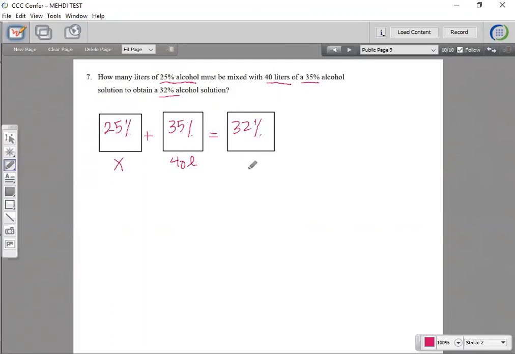It's going to be more than 40 liters. Cannot be more than, the total amount would be equal to what, anyone? More than 40 liters, but exactly. We're talking about the amount now, not the strength.